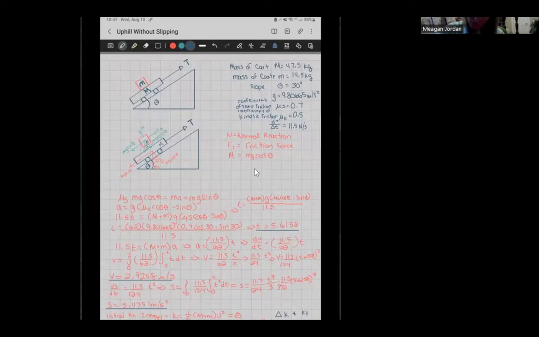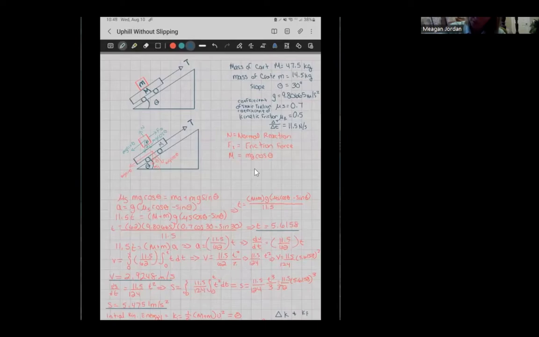So let's go back. 11.5 T equals the mass of the system times acceleration. So let's get the a by itself by dividing 11.5 T by the mass of the system. Plug those numbers in, and then let's find velocity by integrating. So we end up with 11.5 over 62, and ultimately, once we integrate it, times t squared over 2.